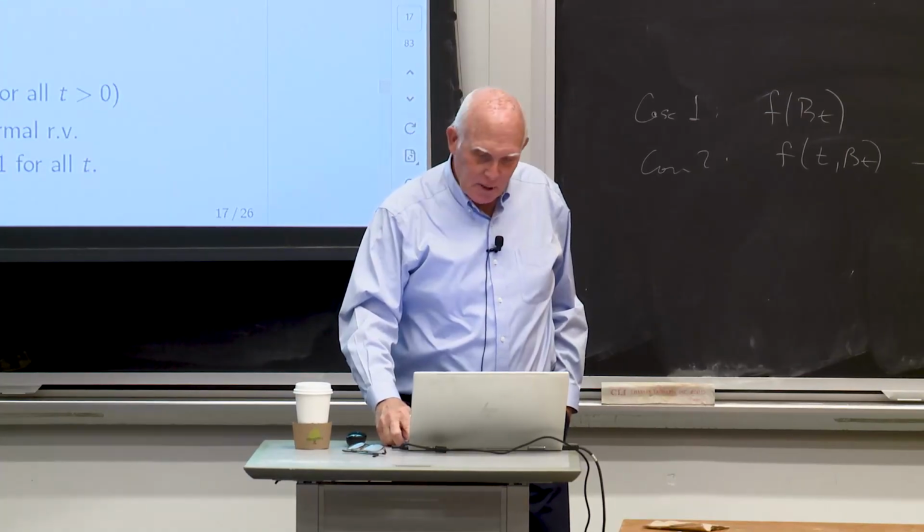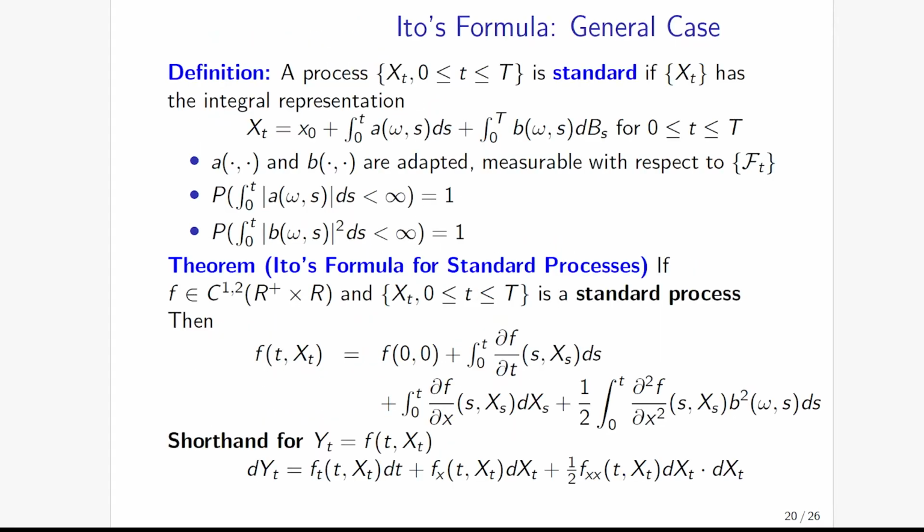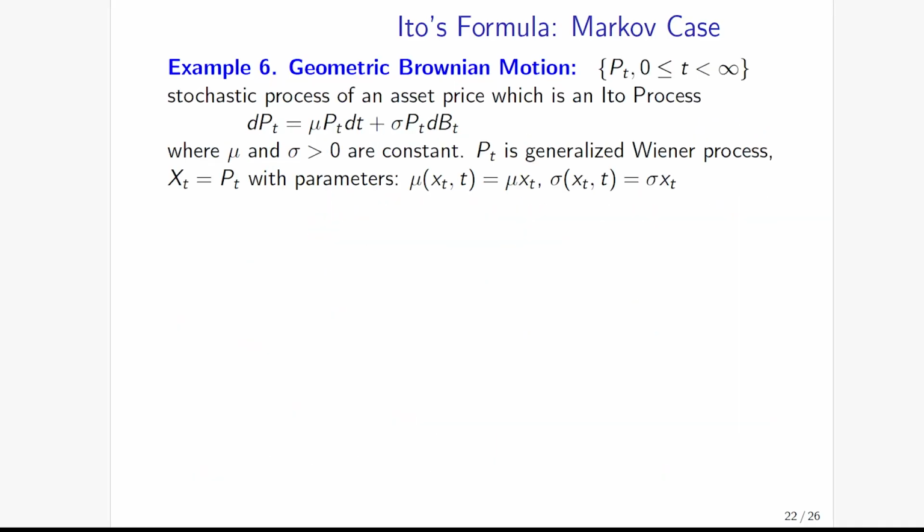there are some examples of Ito's formula, applying it. And with the Brownian motion with drift, we went through that last time. And then finally in this section, I want to highlight how geometric Brownian motion is represented in terms of the stochastic differential equation as given here.